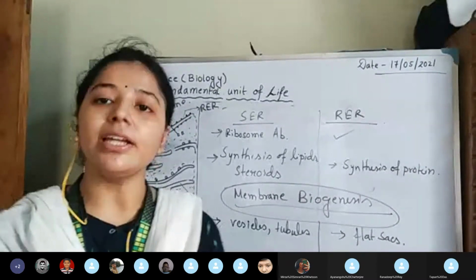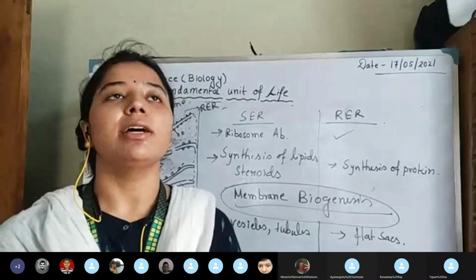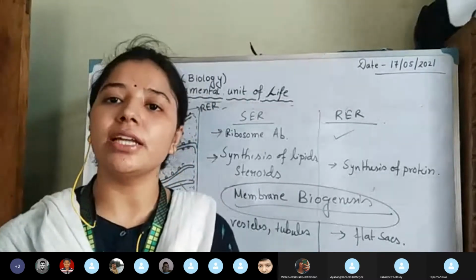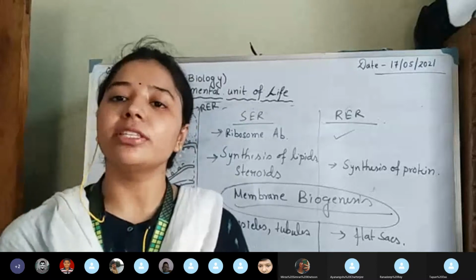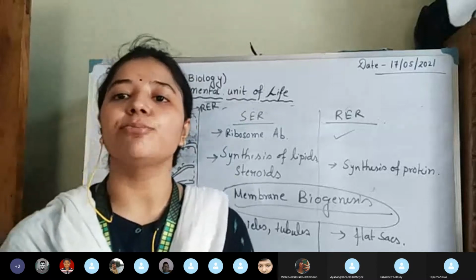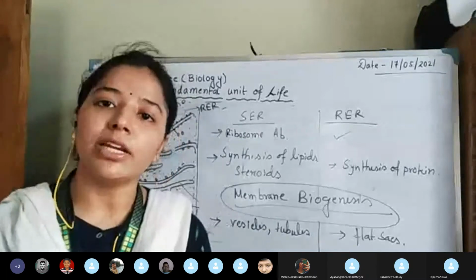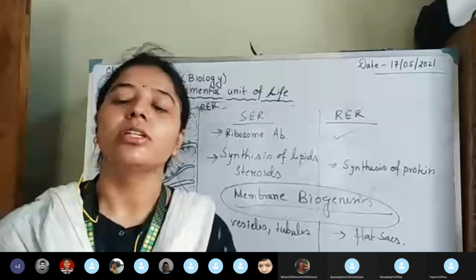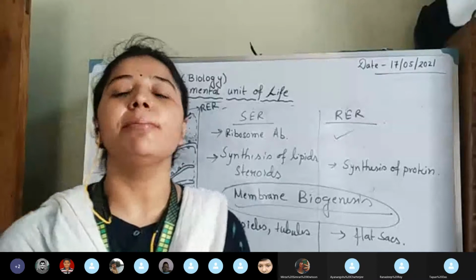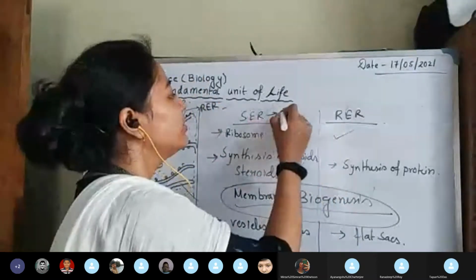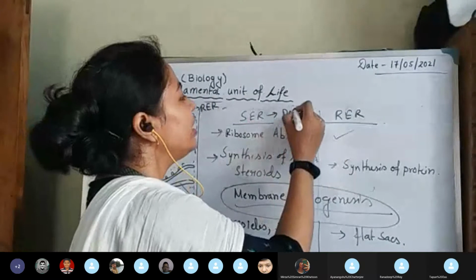In vertebrates, there is smooth endoplasmic reticulum present in our liver cells that detoxifies the toxic materials from our liver, so we can say that endoplasmic reticulum is a site of detoxification. Here mainly SER is the main site of detoxification.